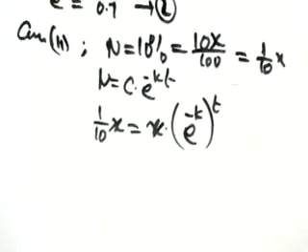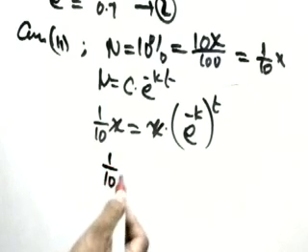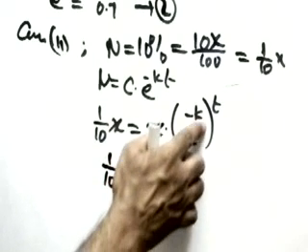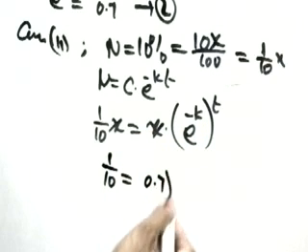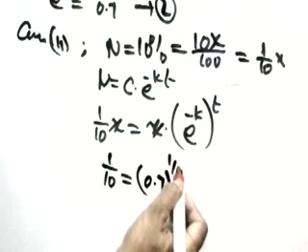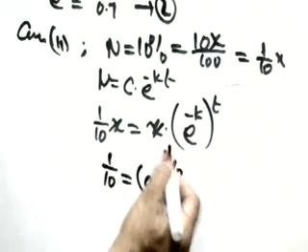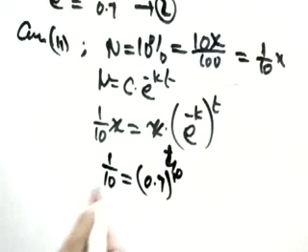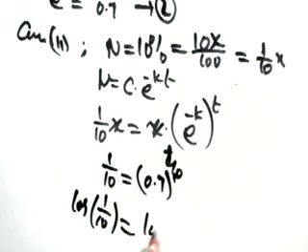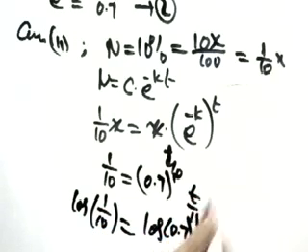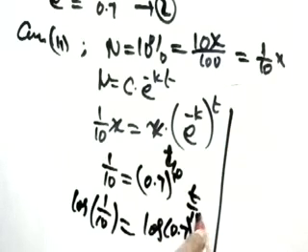So this x will get cancelled. So 1 by 10 equals, we got the value of e power minus k as 0.7 power 1 by 10, whole power t. Now apply log here. Log of 1 by 10 equals log of 0.7 power t by 10.